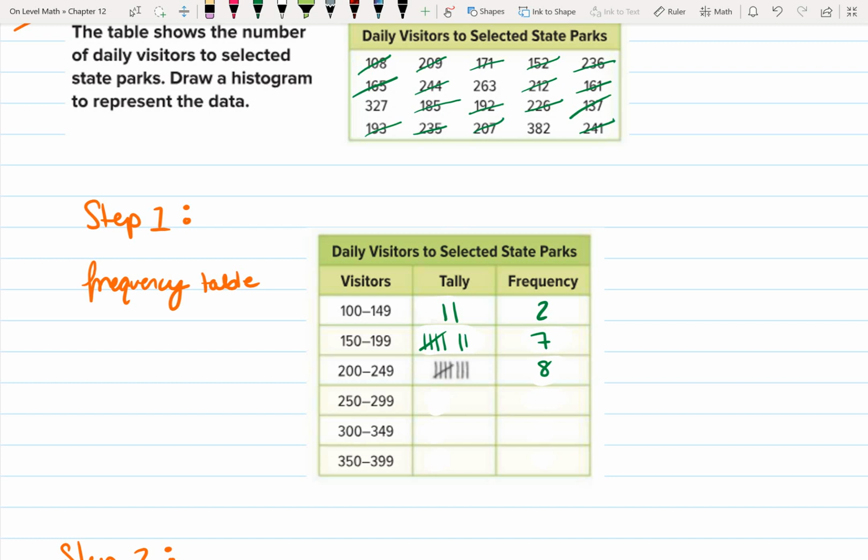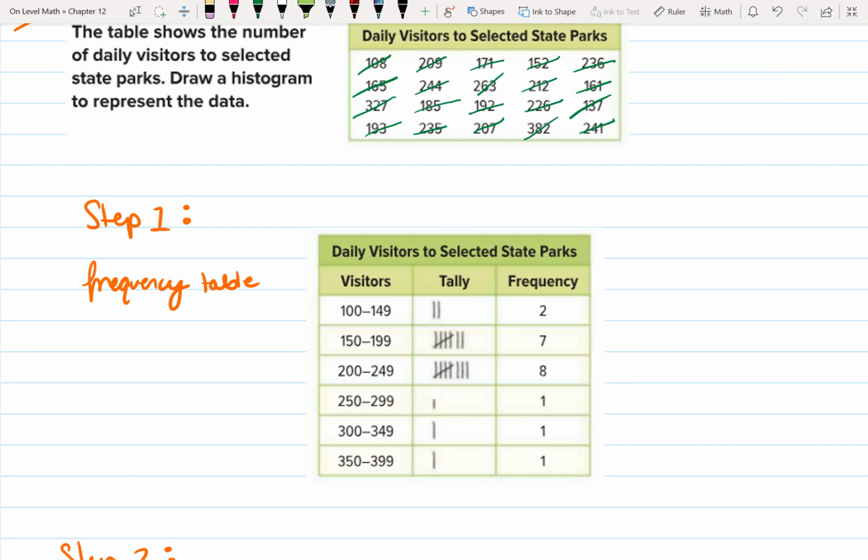It says 8, good. Alrighty. 250 to 299, just 1. 300 to 349, just 1. And then the last one, 382. We've got 1. Alrighty, so that's what a frequency table is.